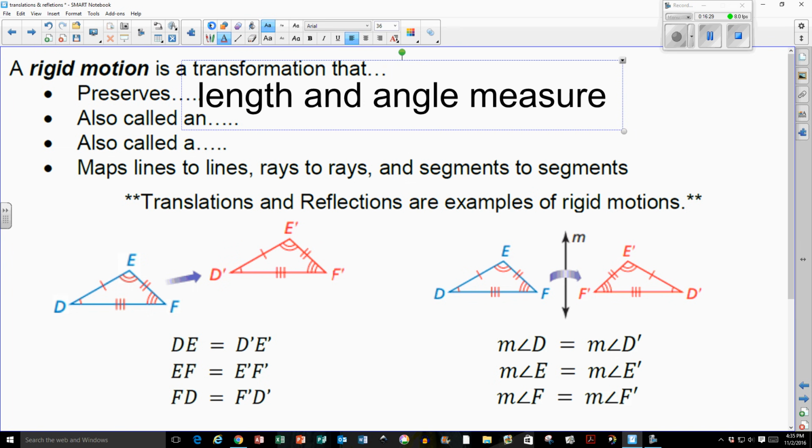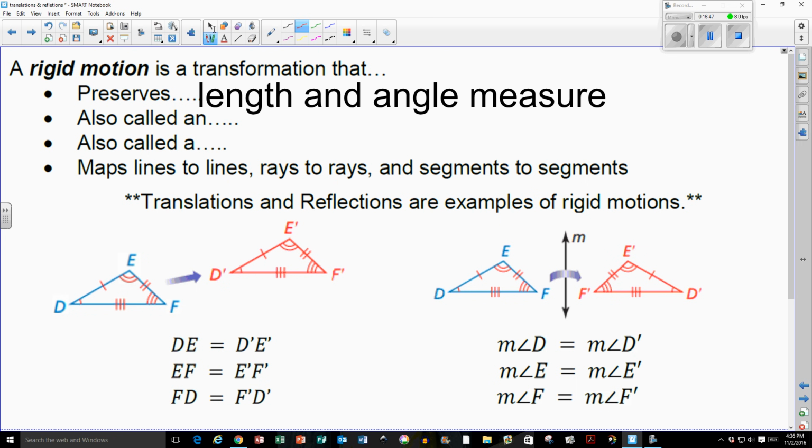It is a transformation that will preserve length and angle measure. All right, so it's also going to be called an isometry.